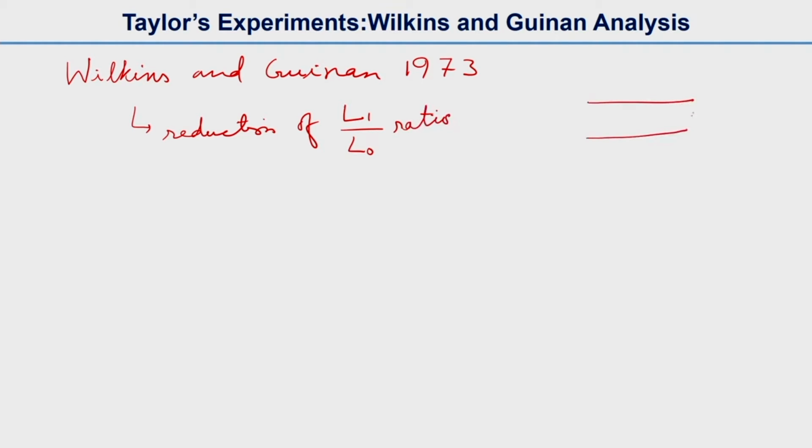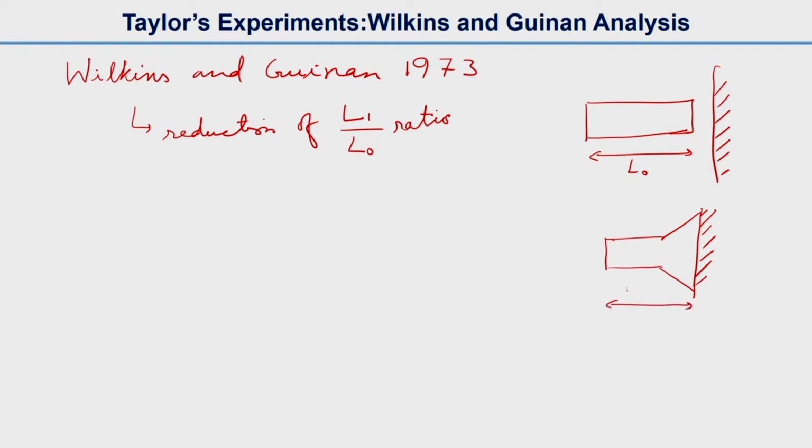Initially the bar impacting the rigid wall has initial length L0, and the final length, if we assume a conical shape, is L1. So how will this L1 by L0 ratio reduce?